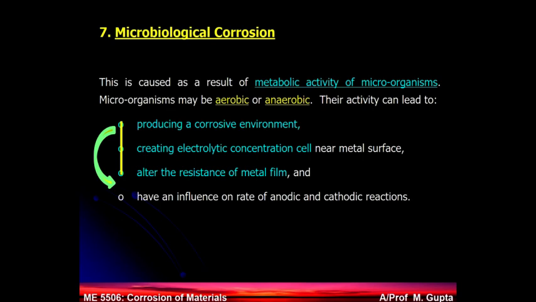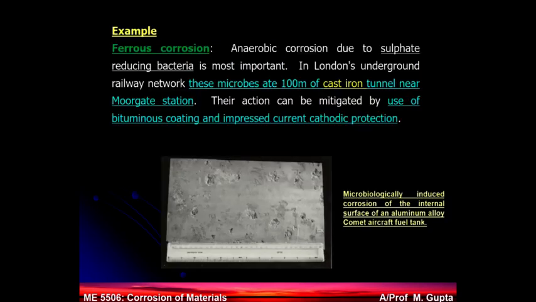So once you have this cell formed now, because of the different environment, you can have an anode and a cathode. Number 3, they can also damage the protective film on the metal. And because of these 3 reasons, A, B, and C, they can influence the anodic and cathodic reactions. And once they do that, then your corrosion starts, and then it will continue on.